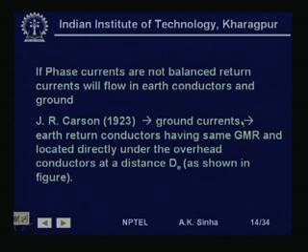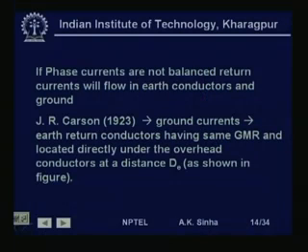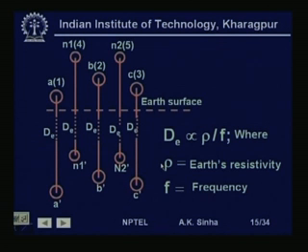What he did was, he said that the earth current can be represented by earth return conductors, which have the same GMR as the overhead conductors and are located directly below the overhead conductors at a distance dE, as shown in this figure.